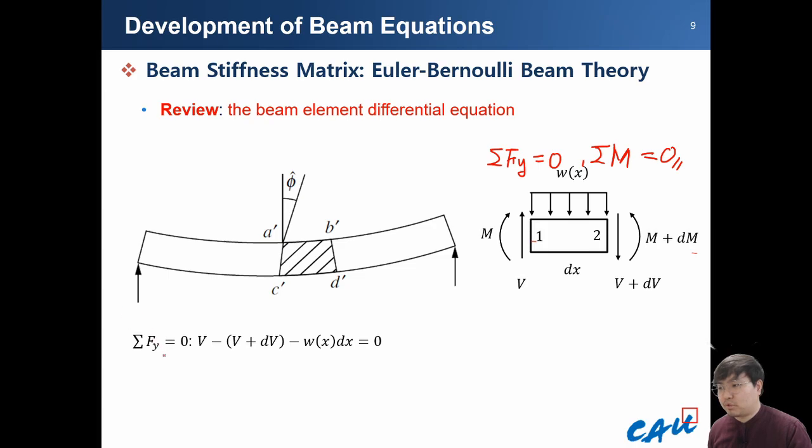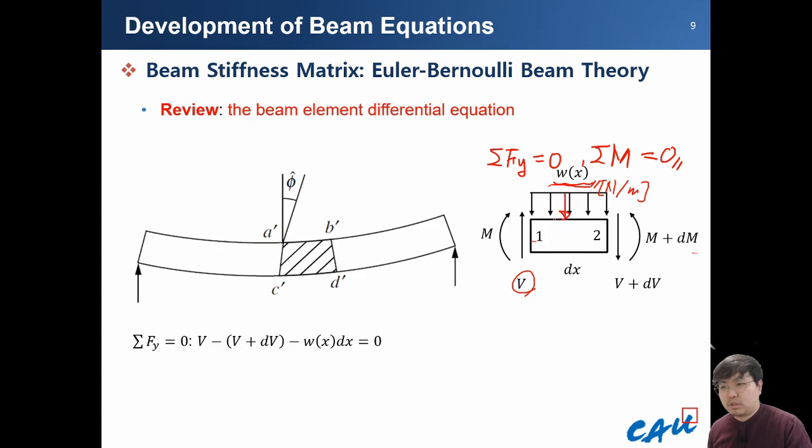When you check the force equilibrium in the y direction, we have the force V in the positive direction, and V plus dV has a minus sign. And I forgot the distributed force, w. To match the units, which are Newtons per meter, we should multiply by the length dx.